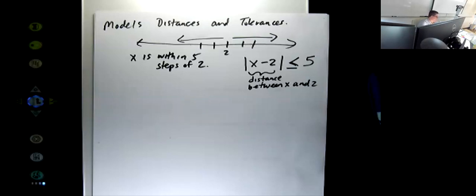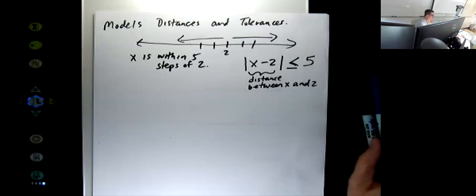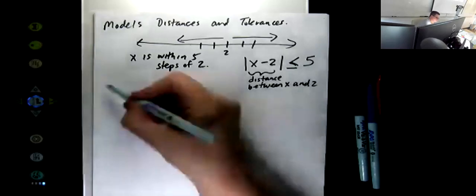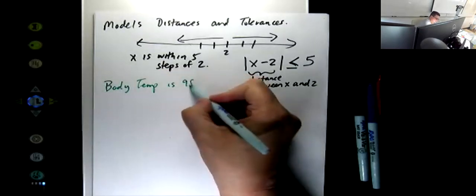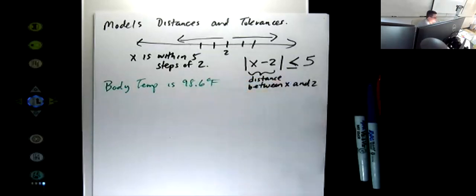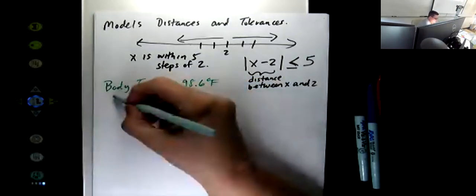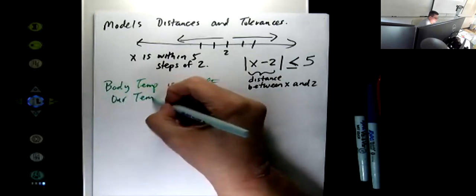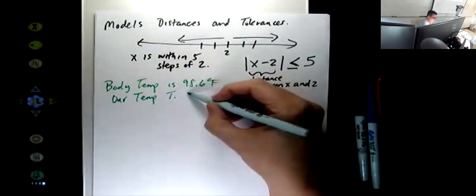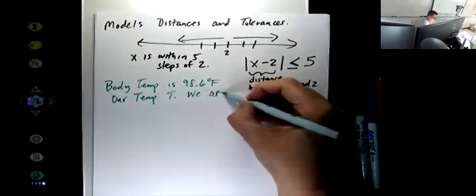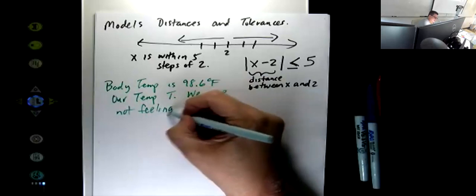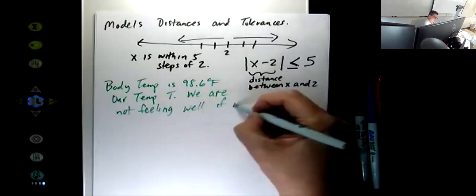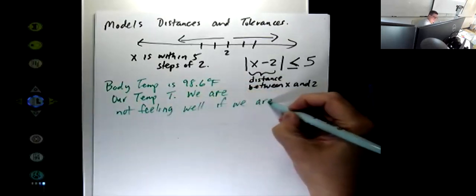One you're very familiar with. The average human body temperature is 98.6. We'll call our temperature T. We are not feeling well if we are more than 3 degrees away from that.